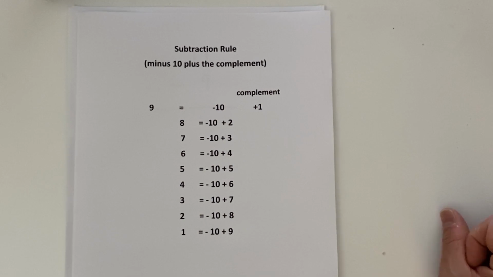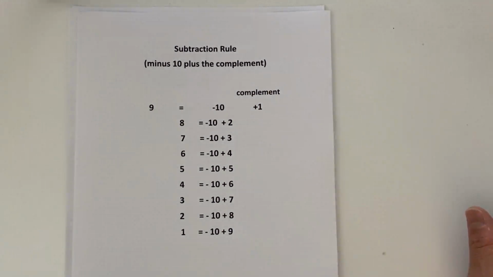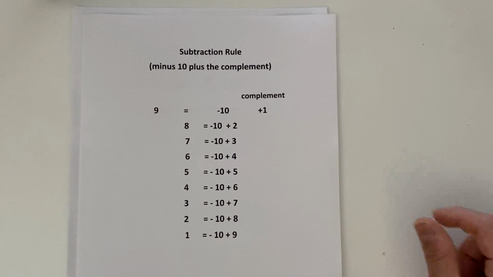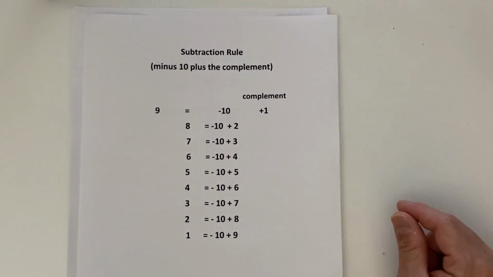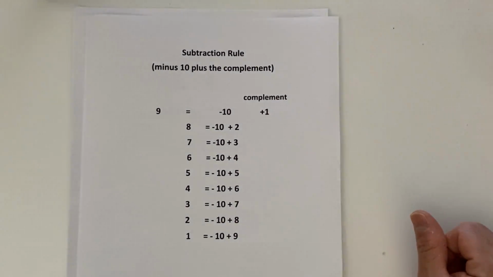The tens complement of 9 is 1. Once again, the rule to subtract 9 when there are not enough beads to remove is minus 10 plus the complement.